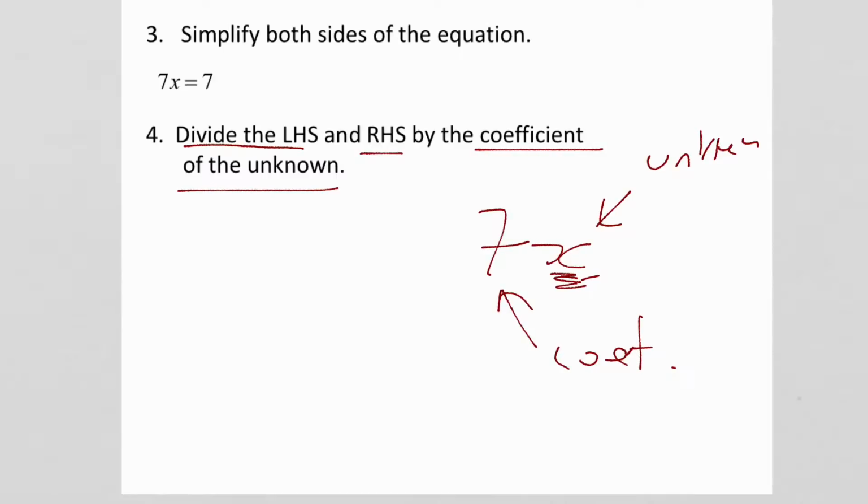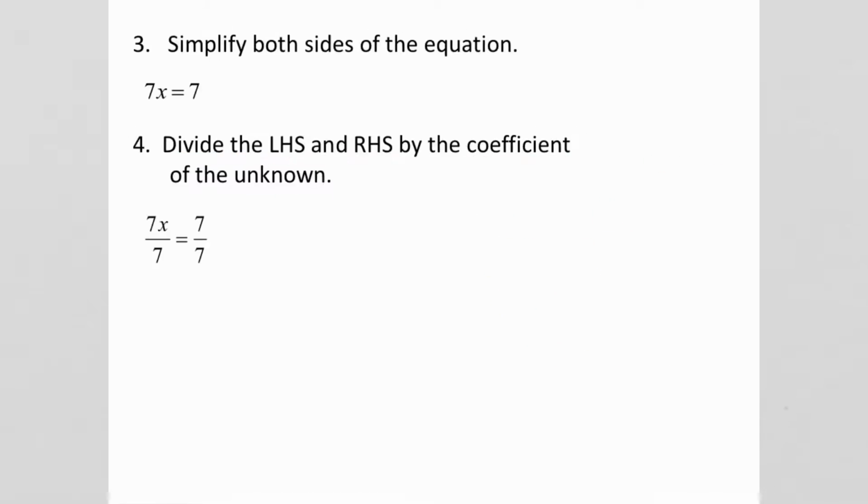And when we divide, we do this. We divide the left hand side by the coefficient, so 7x divided by 7, that's the left hand side, and 7 divided by 7 on the right hand side. Let's label it LHS and RHS there.